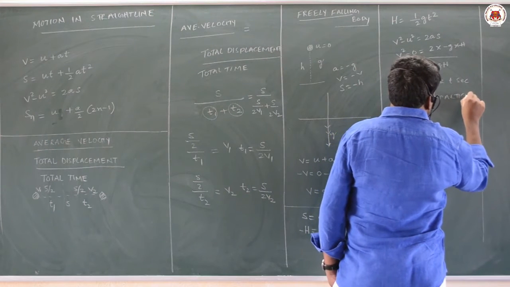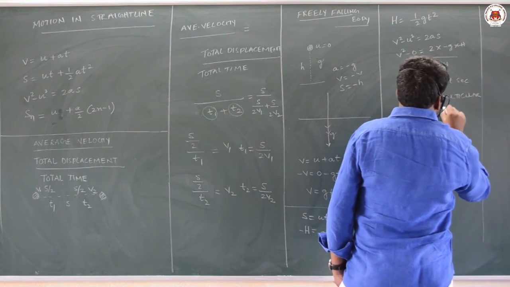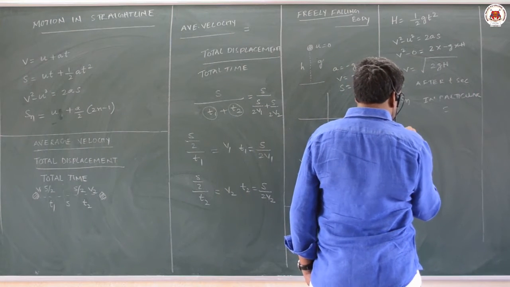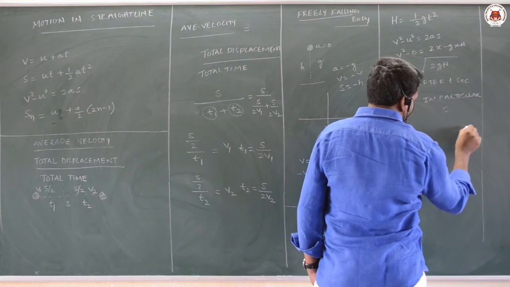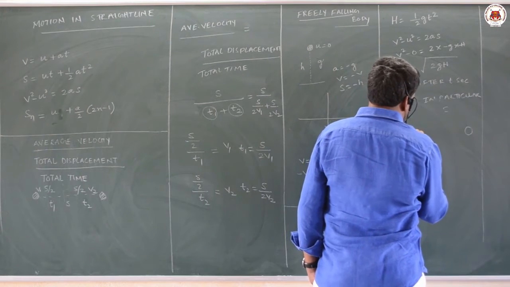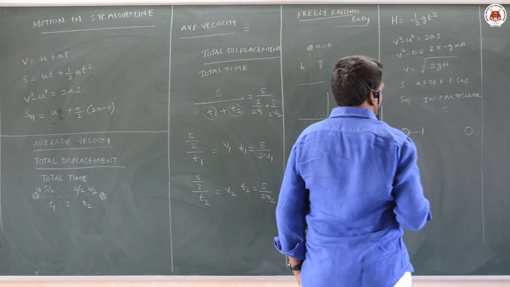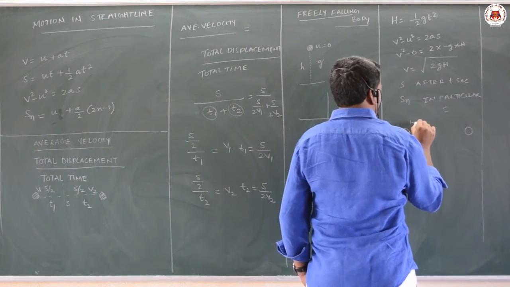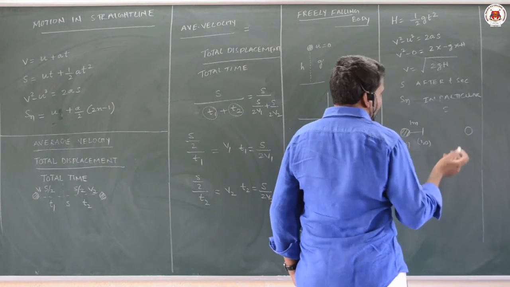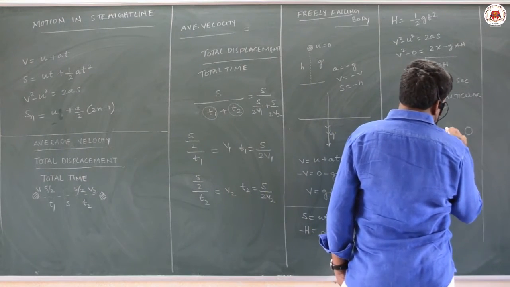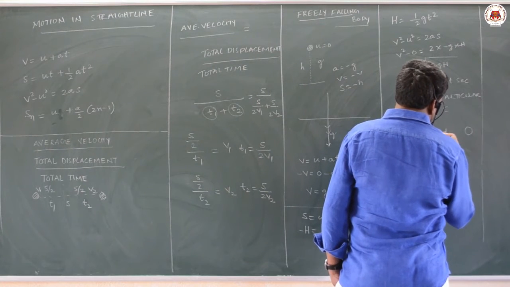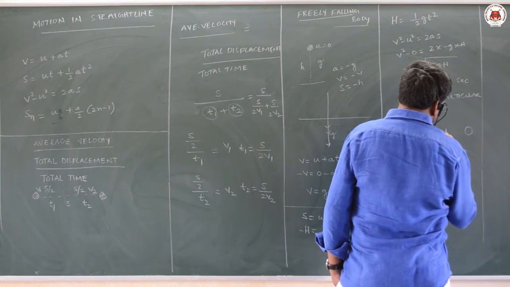That means let us assume there is a journey of 4 seconds, a body starts at 0, after 1 second the body has covered 1 meter, it is at a point 1, after 2 seconds it is at a point 4, assume.